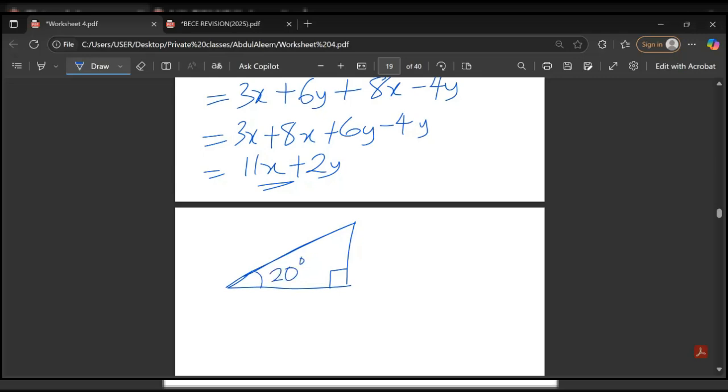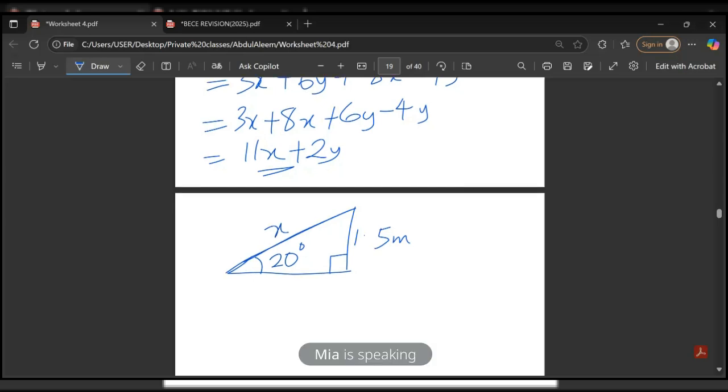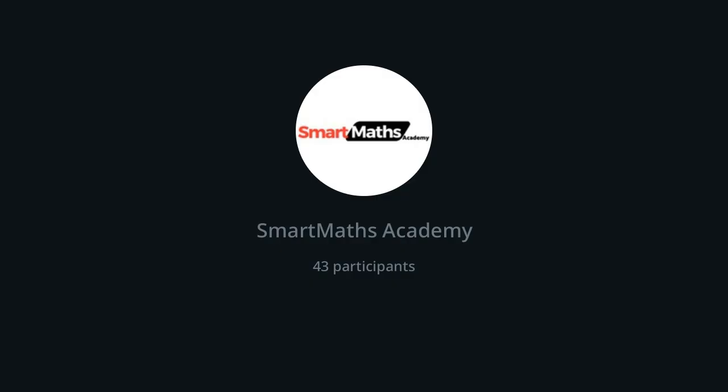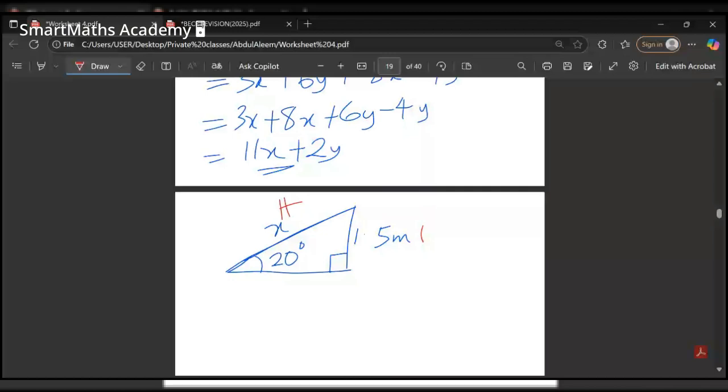And then we are given this side to be 1.5 meters. The question says find the length of the board. So you're looking for the hypotenuse. This is the hypotenuse, this is opposite, and this is adjacent.